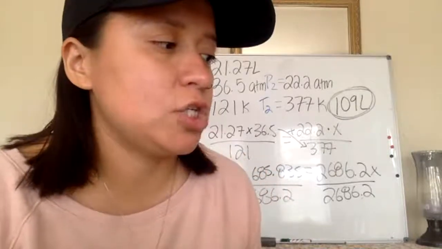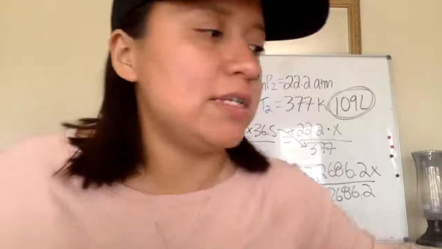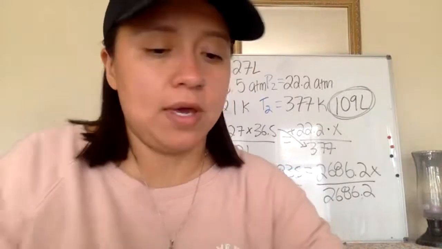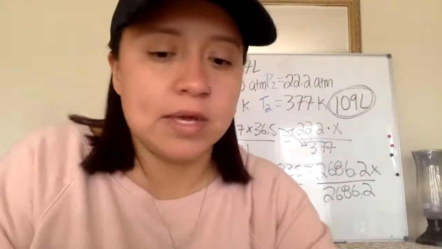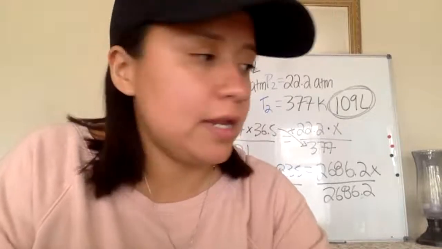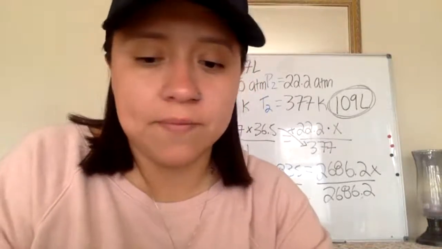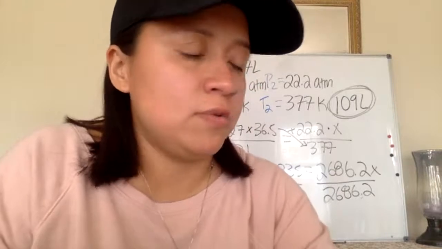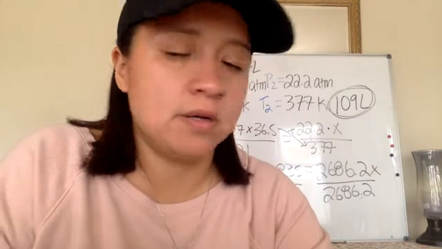Number 14 is actually a really good one, and then we'll go on to ideal gas law, and that will wrap it up, okay? So it says a gas is 78.99 liters at 98.8 kPa and 252 Celsius.